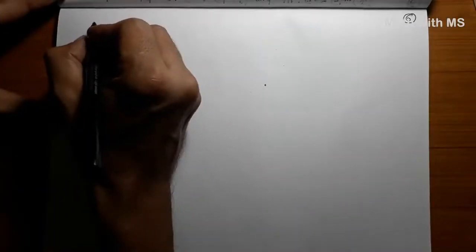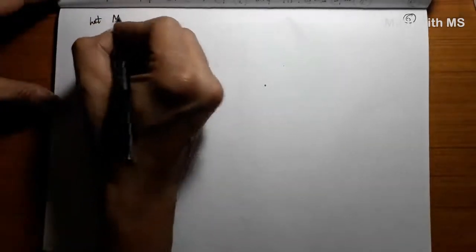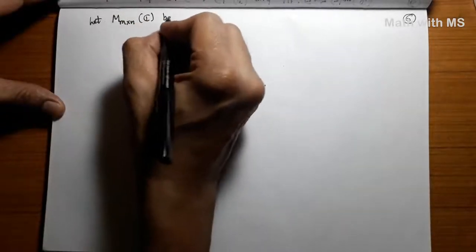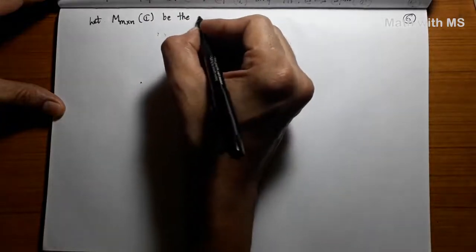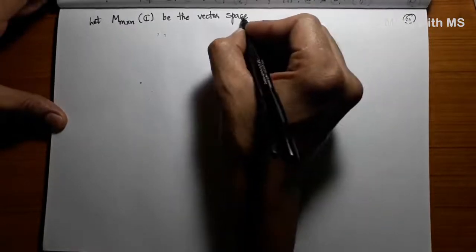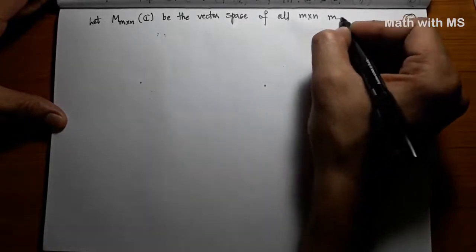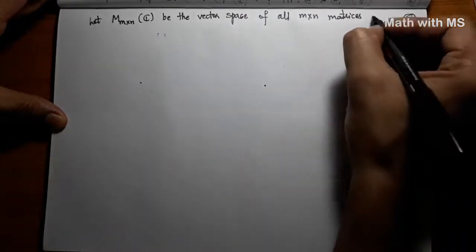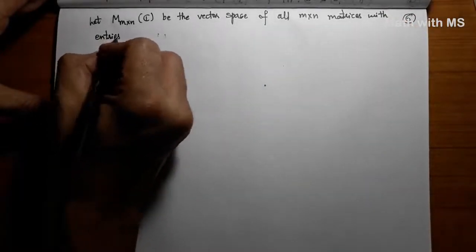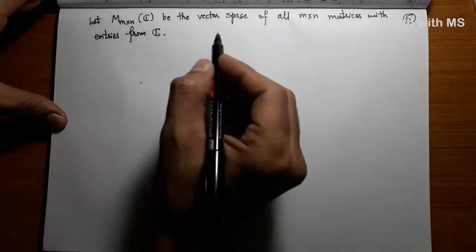So before proceeding further, let me set some notations. Let M_{m×n}(C) be the vector space of all m by n matrices with entries from C. Okay, then what is a basis for this?